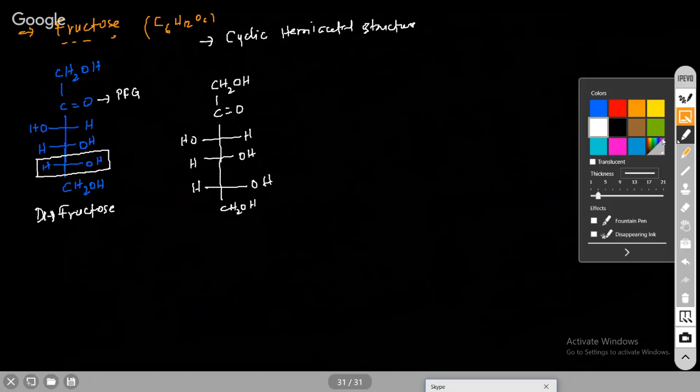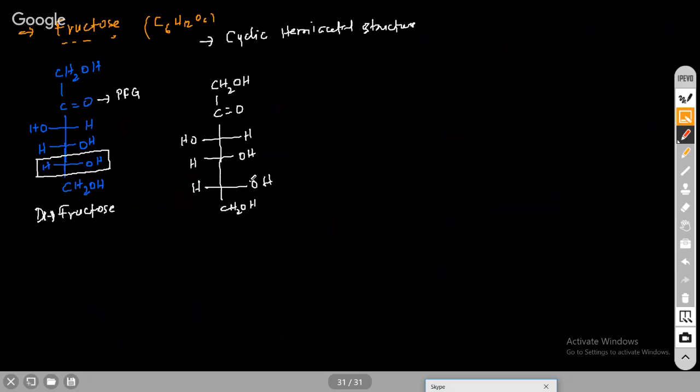Now the same thing happens: the lone pair on the oxygen of the chiral carbon at the maximum distance from the primary functional group attacks this carbonyl carbon, right? And this pi bond goes here.